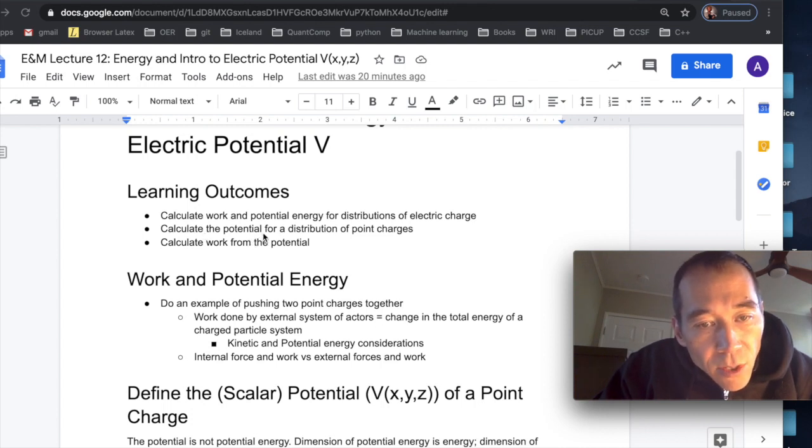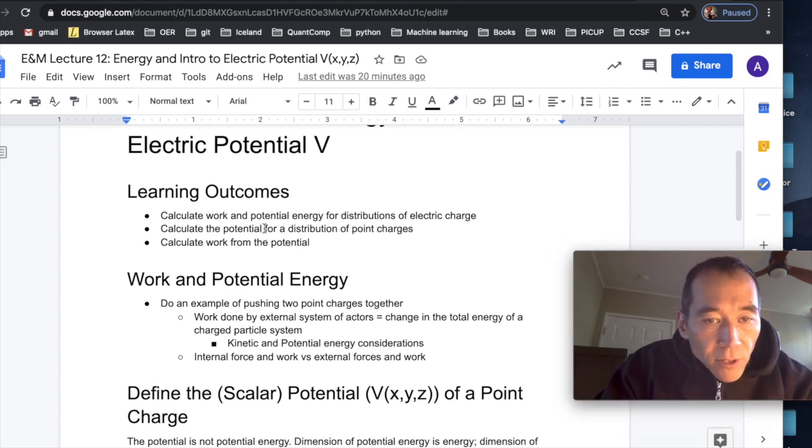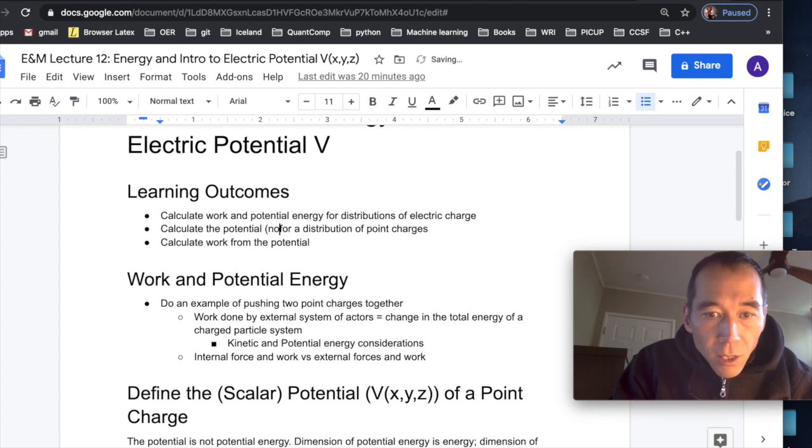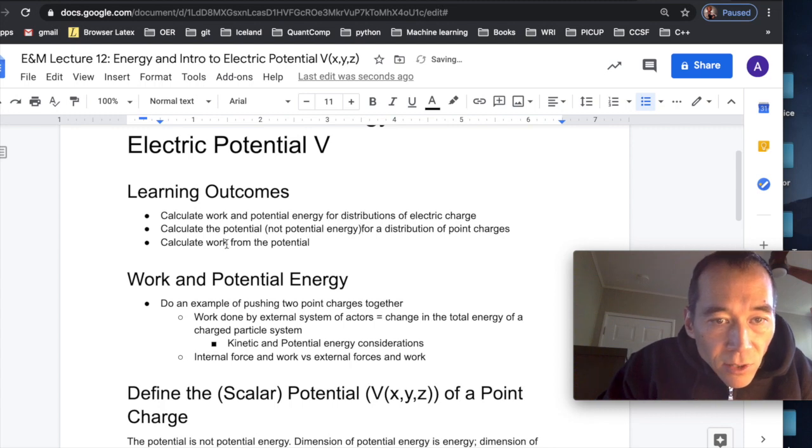You notice that the word energy is not here. Let me drive this point home a little bit. Not potential energy, right? That's kind of strange. It's the potential, this thing called V, for a distribution of point charges.